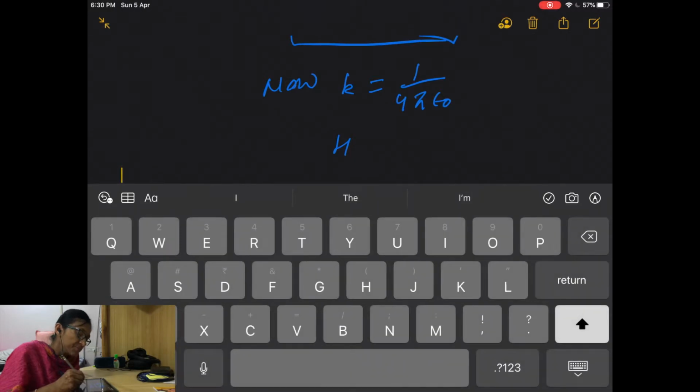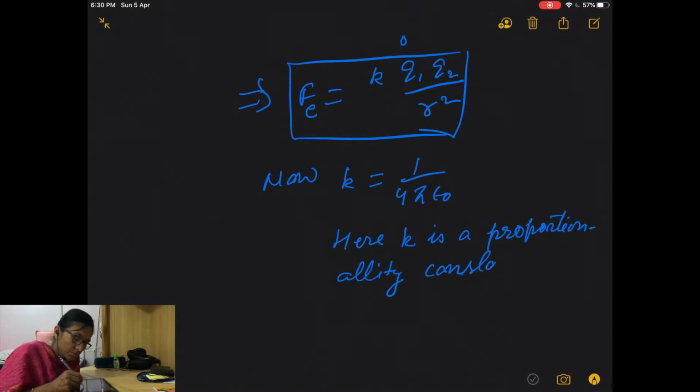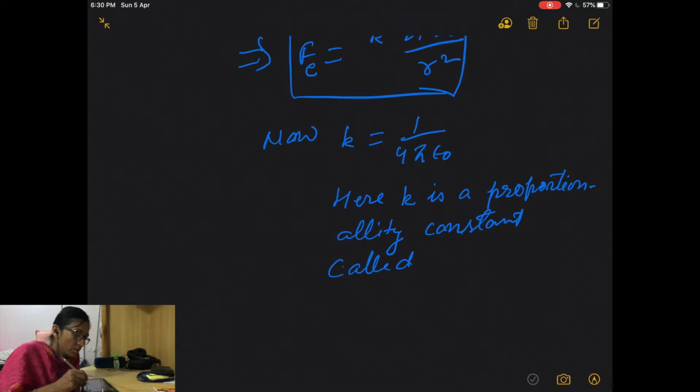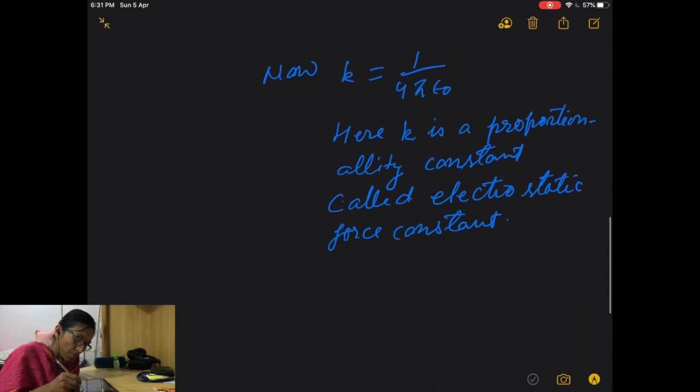Here k is a proportionality constant called the electrostatic force constant, small k.